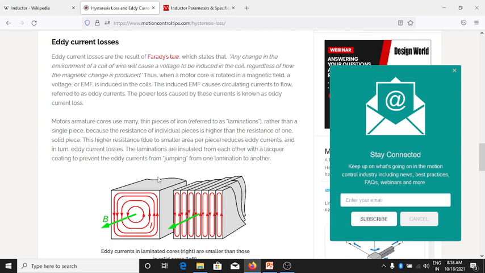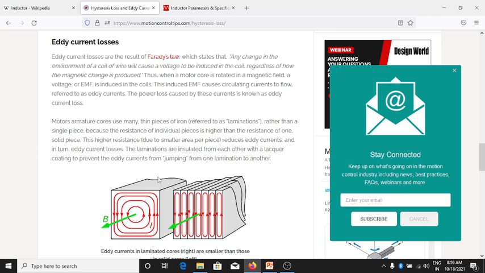Thus, when a motor core is rotated in a magnetic field, a voltage or EMF is induced in the coil. This induced EMF causes circulating current to flow, referred to as eddy current. The power loss caused by these currents is known as eddy current loss.